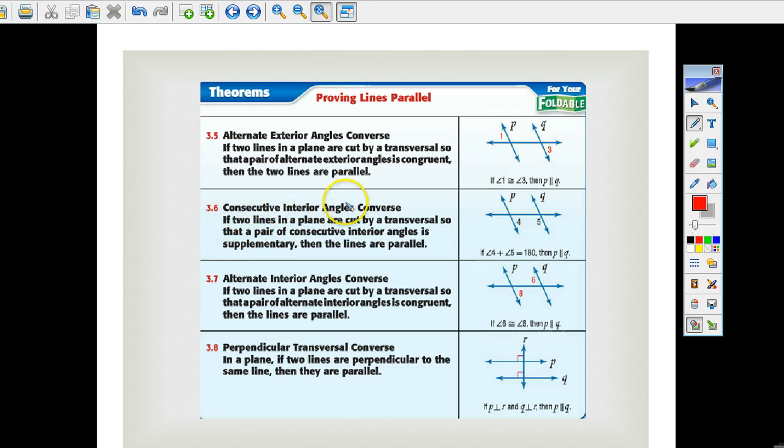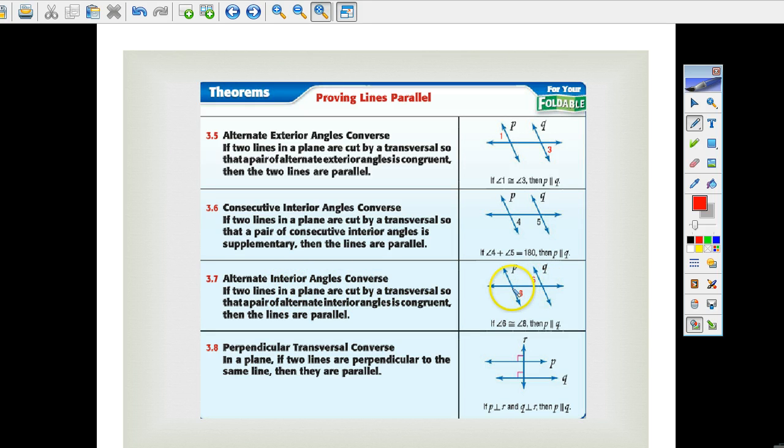Same for the consecutive interior angles converse. If two lines in a plane are cut by a transversal so that a pair of consecutive interior angles is supplementary, then the lines are parallel. So if you have two angles that add to 180, then P and Q are parallel. Same goes for alternate interior angles.